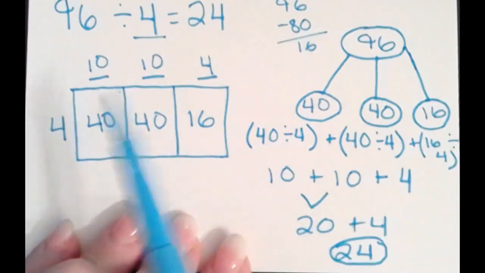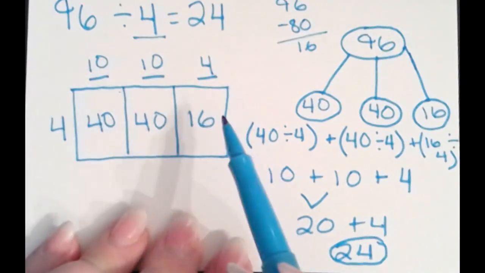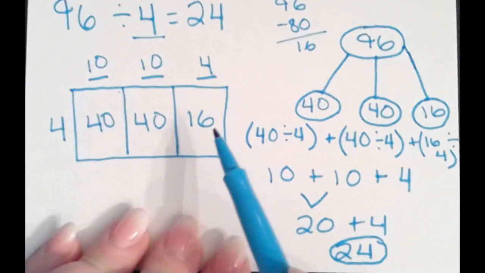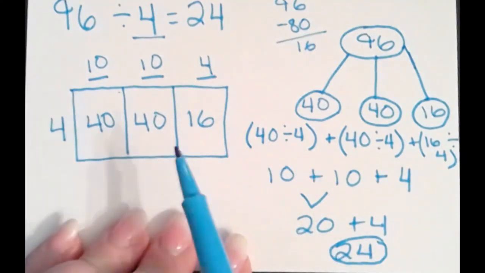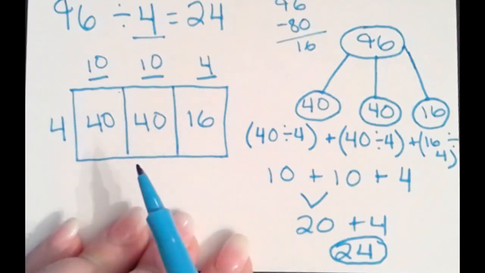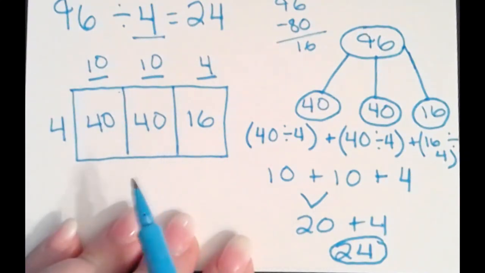And our partial quotients are modeled in our area model. Remember, an area model is a model, okay? And we use that model to help us figure things out. Now, an area model for division is a strategy that we must know. It's in our competency, it's in the standard that we know the area model. So this is a strategy that I want you guys to become familiar with.